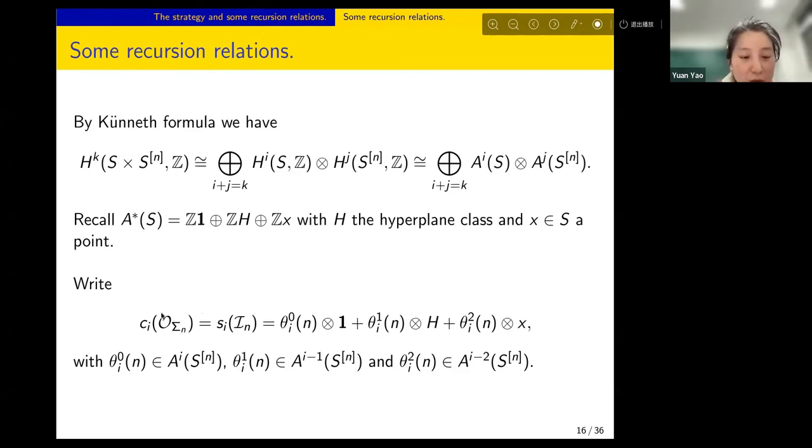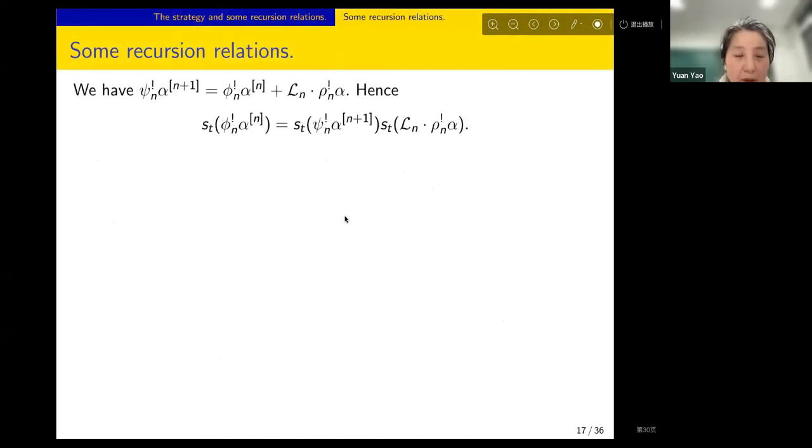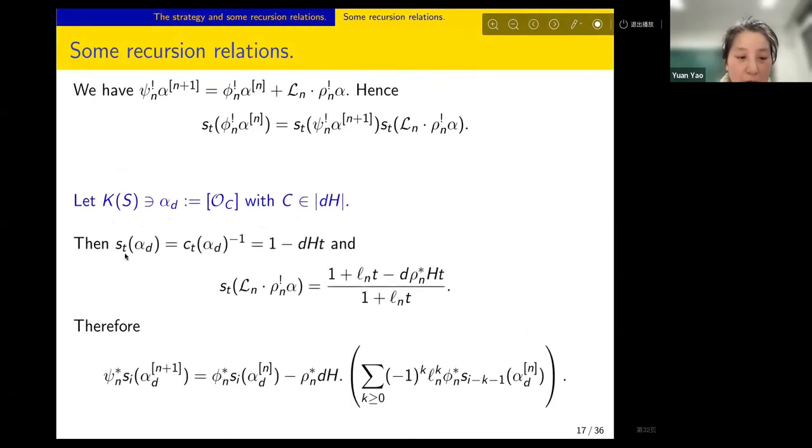The structure sheaf of the universal family is exactly the Chern class of the ideal sheaves, so write it in this form, since we have this decomposition. So this is our notation. Now we got this formula, because we have this relation, and then we got this formula.